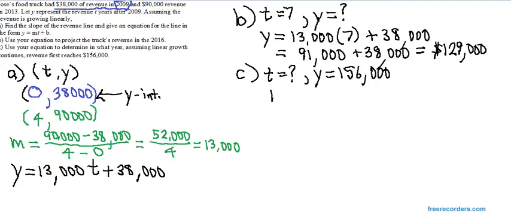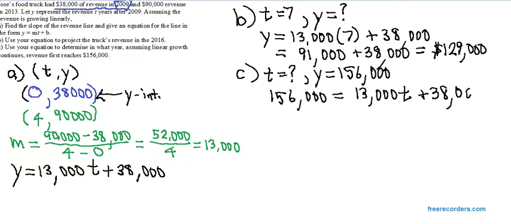So substituting for the y in our answer to part A gives us 156,000 equals 13,000t plus 38,000, and we now need to solve this equation for t. So the first thing we're going to do is get the t term by itself by subtracting 38,000 from both sides.